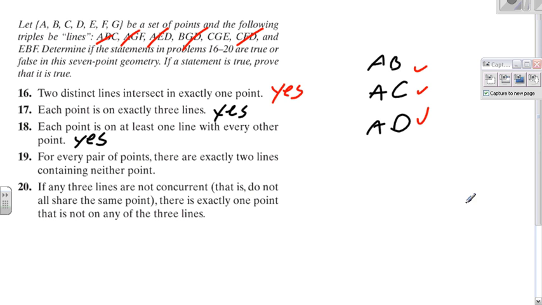Next let's check A with E. That has A, that has A, that has E, and that has E. There's 2, good. AF.